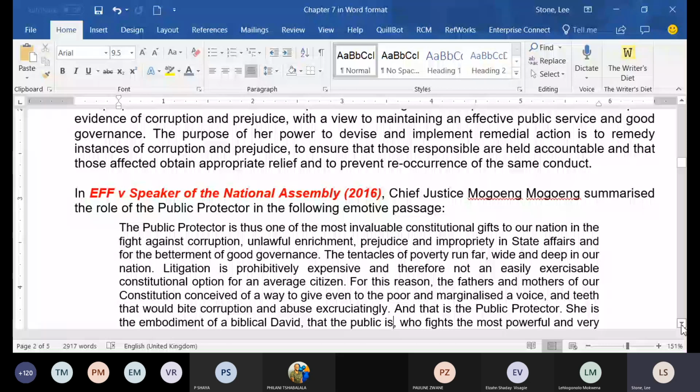Social justice in particular prevails. So that's why we say that the institution is pivotal to the facilitation of good governance.